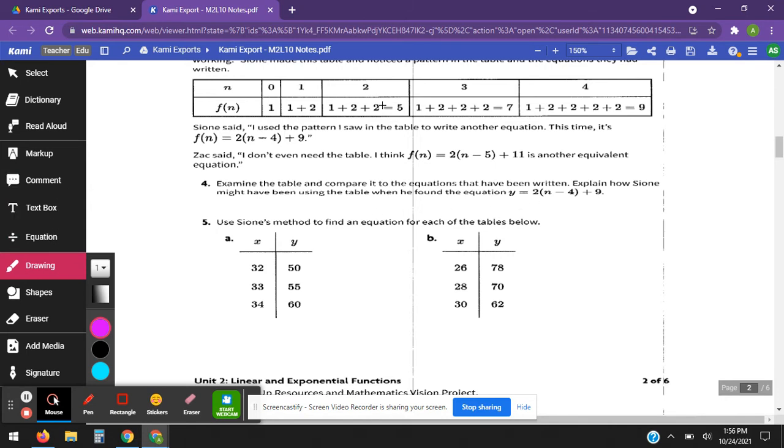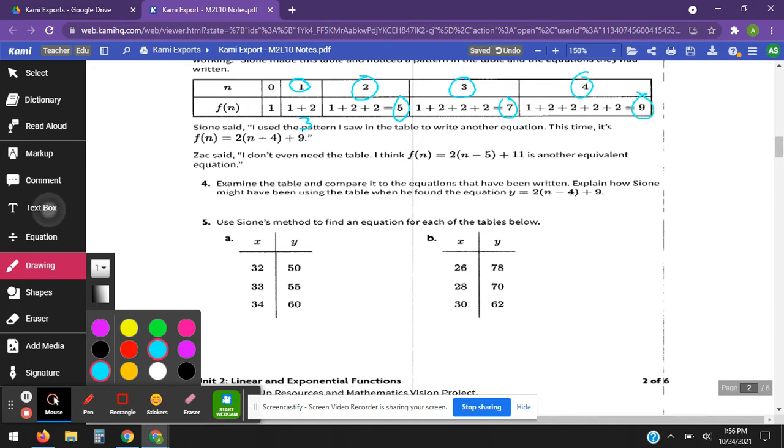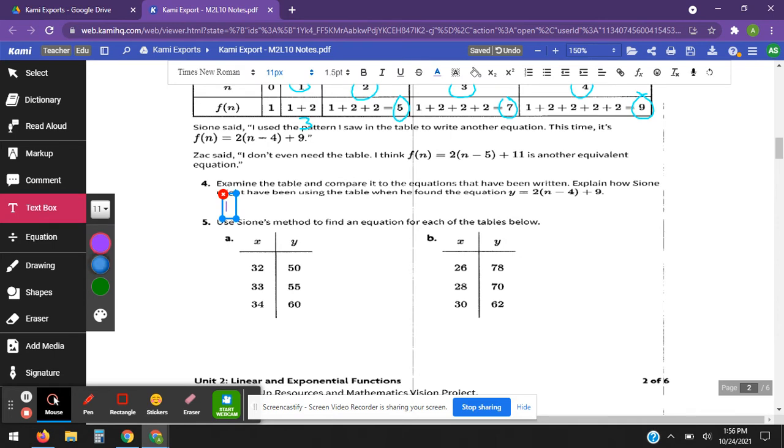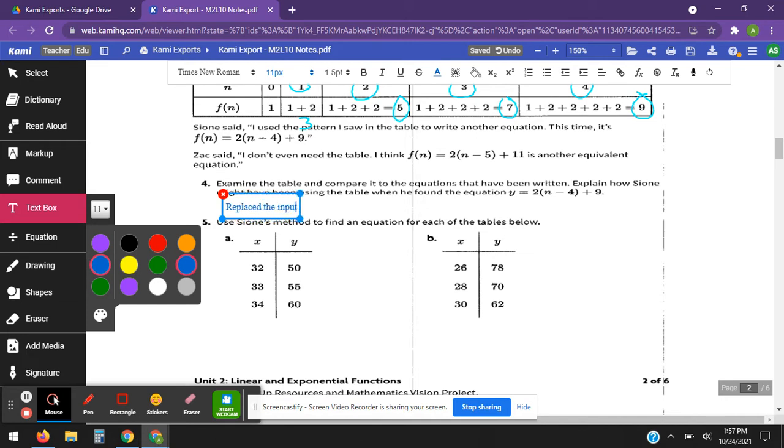So what he did, if they noticed that this was what was subtracted, and then 3 was what it was added. 2 was subtracted, 5 was added. 3 was subtracted, 7 was added. 4 was subtracted, 9 was added. So really all he did was he replaced the input and output value in each equation, right?